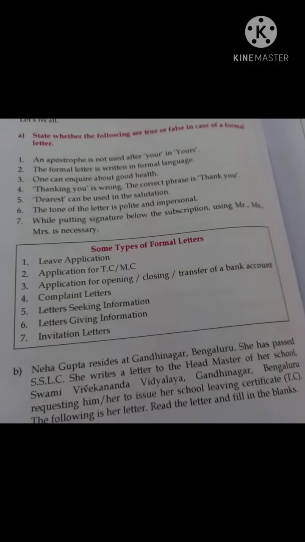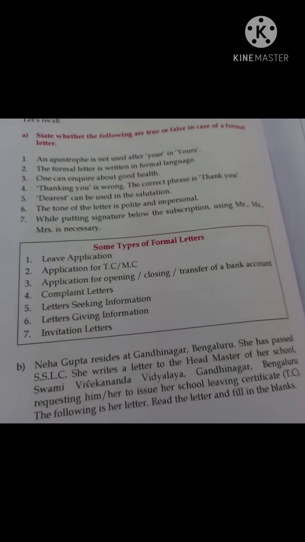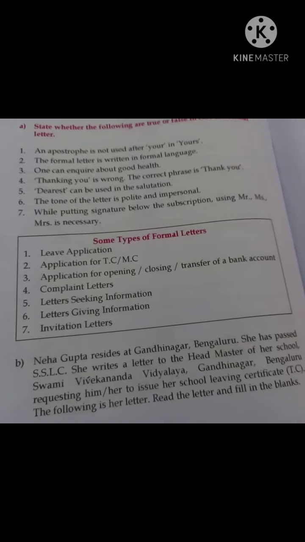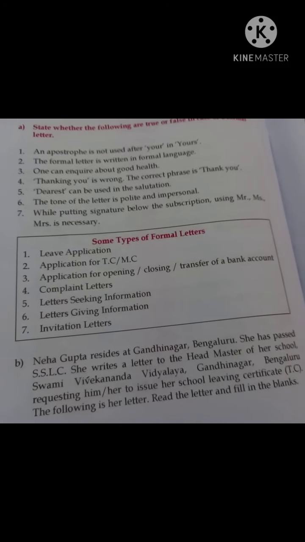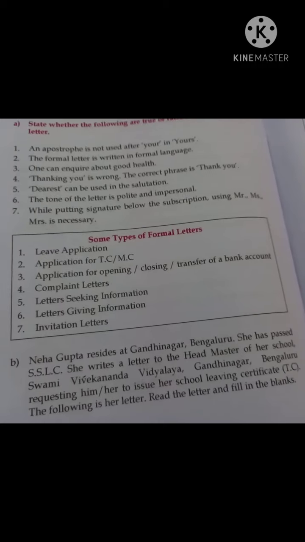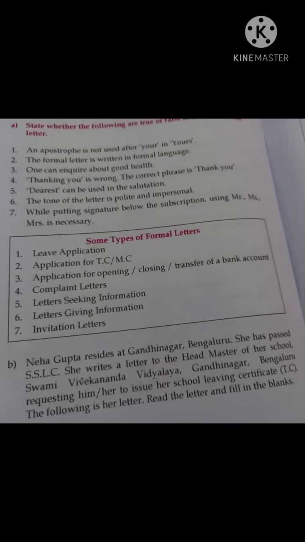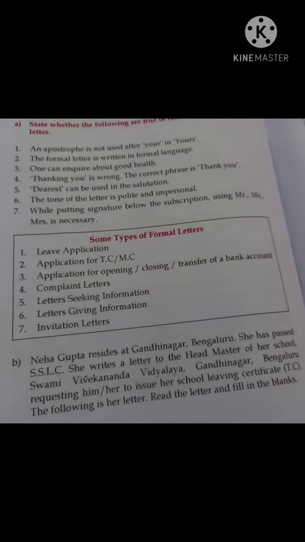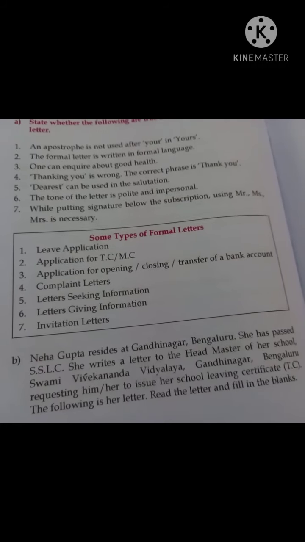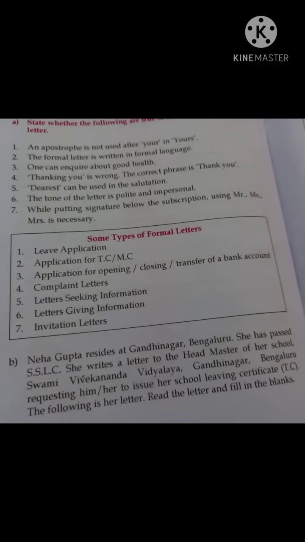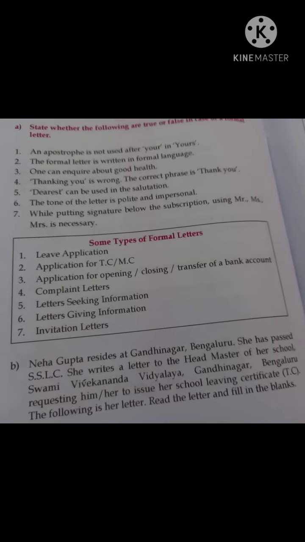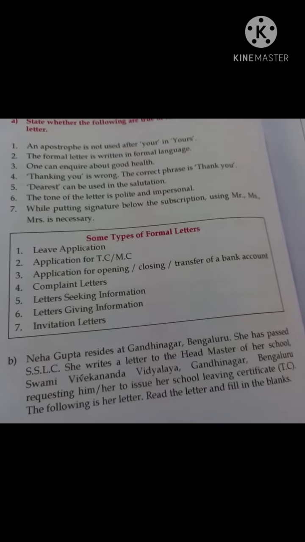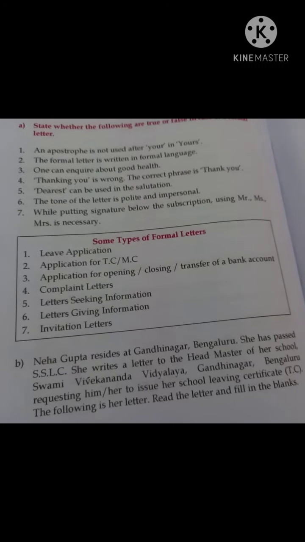The fourth one is complaint letters. For instance, the water supply in your area or locality is irregular, or the power supply in your area is erratic, or there is stray dog menace in your locality, then you will draw the attention of the concerned authorities to resolve the problem.